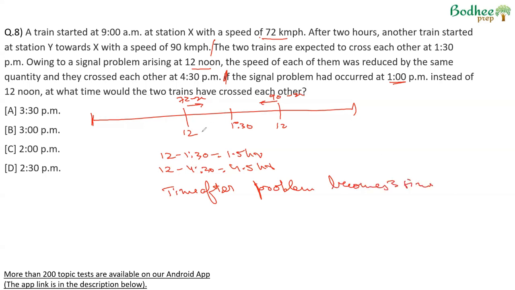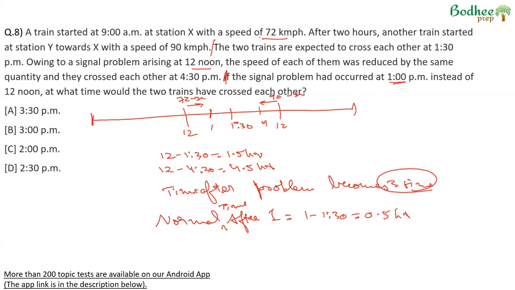Now, if the problem does not occur at 12 but occurs at 1, the normal time after 1 will be from 1 to 1:30, which is 0.5 hour. But we know that the time after the problem becomes 3 times because the speed reduces.